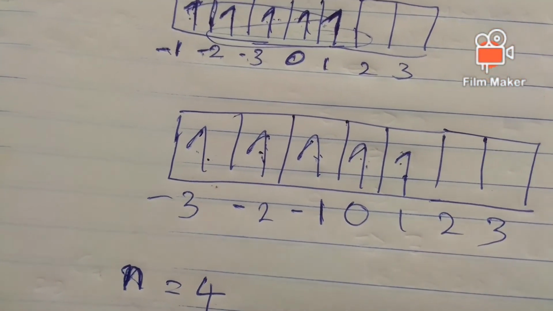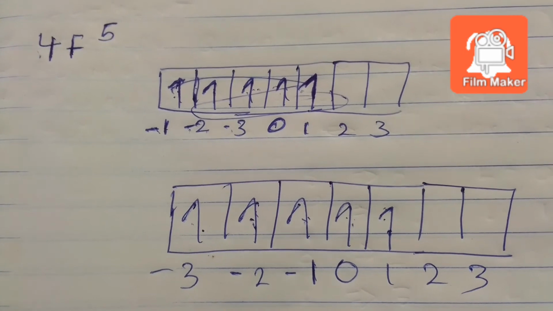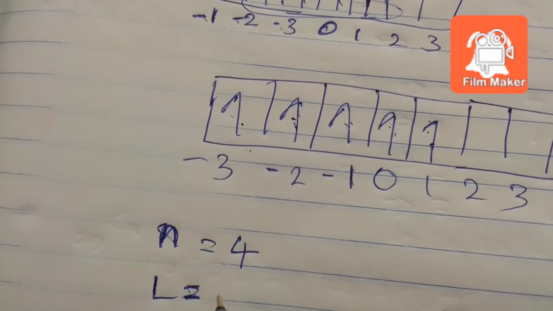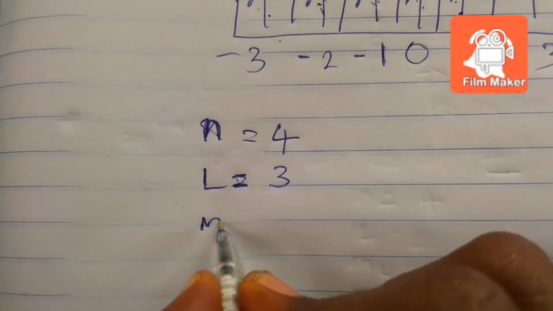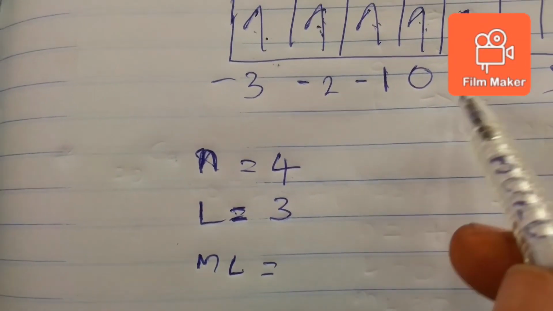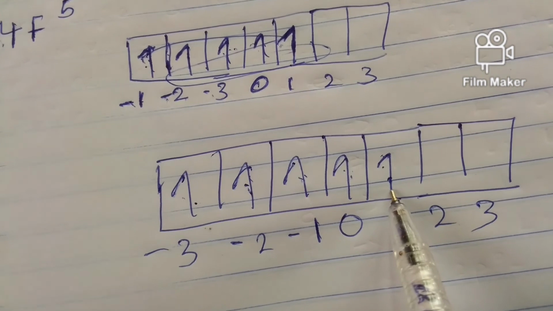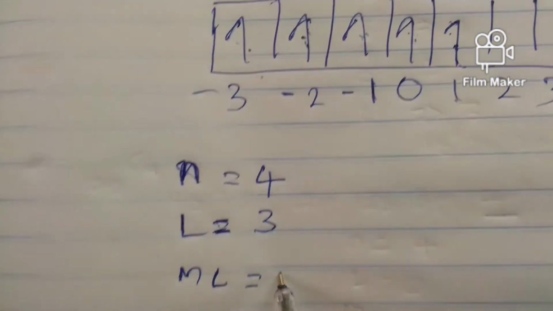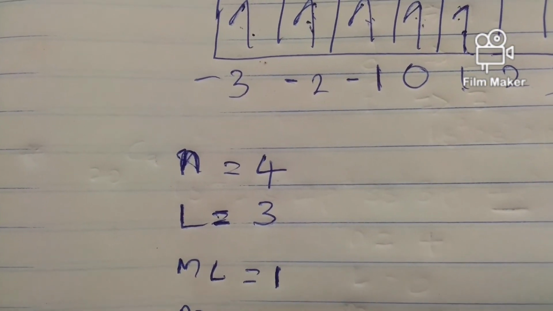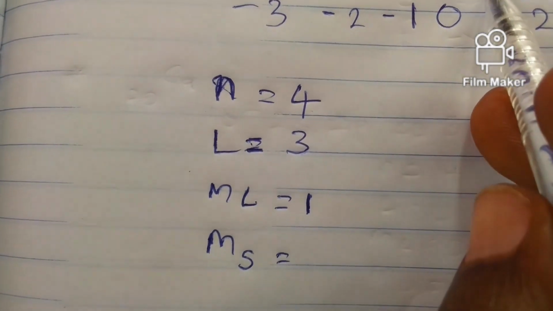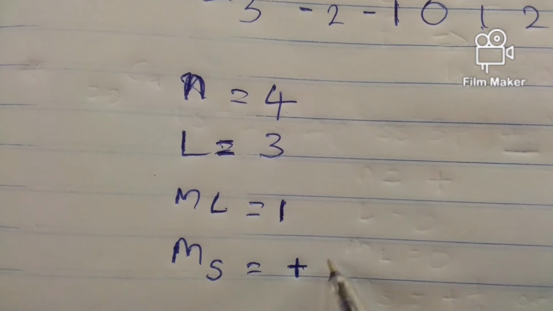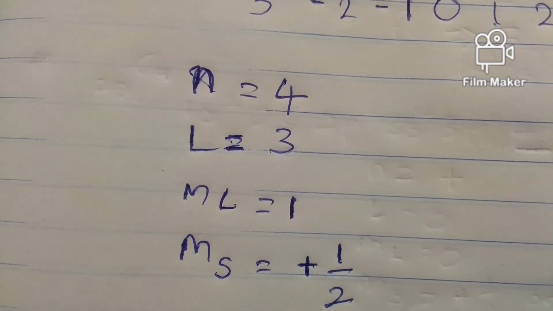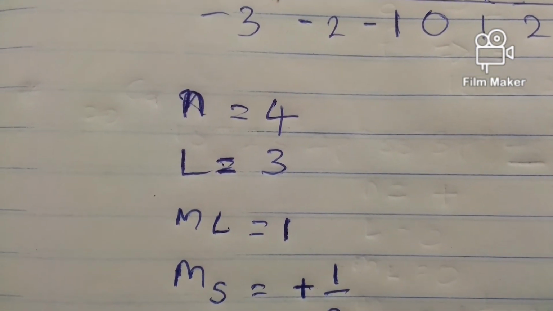And the L, since it is f block, will be 3 according to what I've explained earlier. Then the ML will be 1, since this is where the last electron falls. Then the MS, since the last electron is facing upward direction, will be plus 1 over 2. So that's all that we have today.